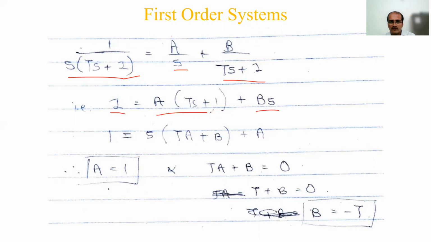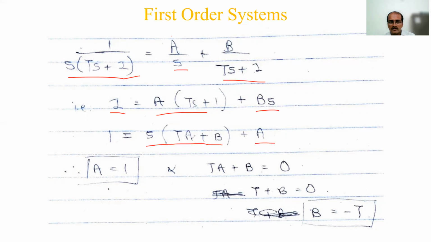Now I have to group the S terms separately and the constant terms separately. Here 1 as it is, then S into tau A, and B into S is there, so B is taken with S, and A into 1 is there, so A is the constant. So these are the two factors. There is no S term on the left side. If you had S square plus S plus 1, then we could say the coefficient of S is 1, but nothing is there, means 0.